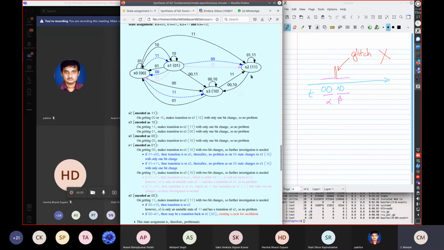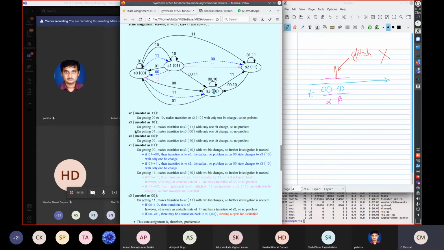And when it makes this transition, this is the important part. You're having only one bit change. The encoding for S2 is 1, 1, and the encoding for S3 is 1, 0. So this is changing from 1 to 0. This one doesn't change. We'll see the importance of that.